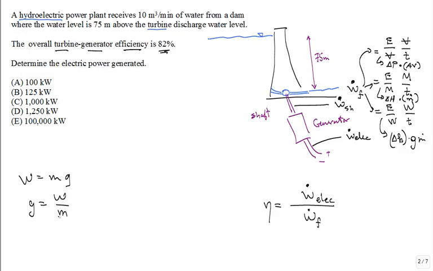So if I multiply mass flow rate times g, I'll get weight flow rate. So one of these forms is the most useful to calculate what is coming out of that fluid stream. And then if we multiply it by the efficiency, you'll get what is actually able to be generated in electric power. Does all that make sense?